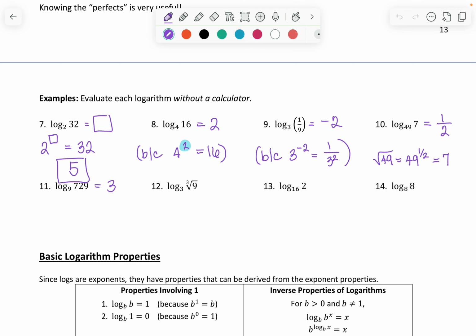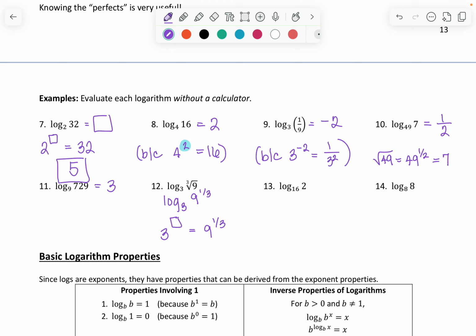Now, number 12, we have to rewrite a little bit. We want to think of this as the log base 3 of 9 to the 1/3 power, okay? And so this says if the base is 3, what exponent makes this 9 to the 1/3? Now this one is extra tricky a little bit here, okay?